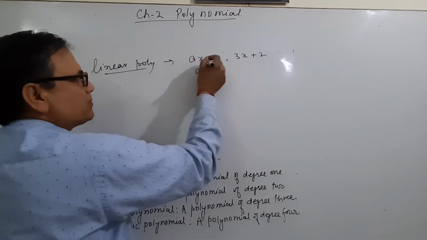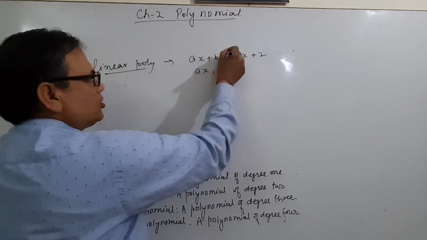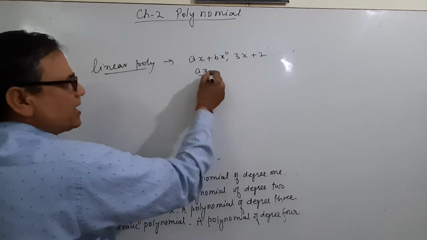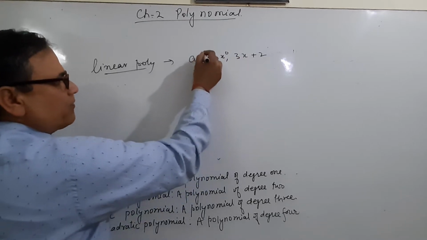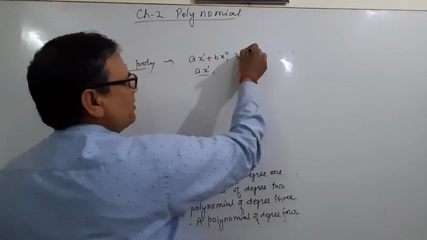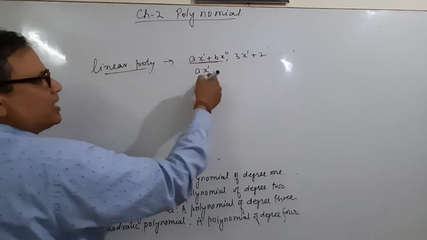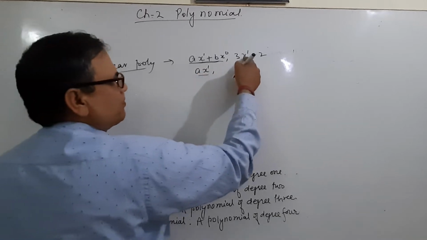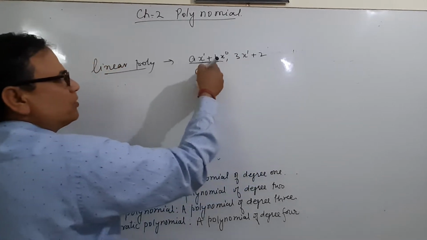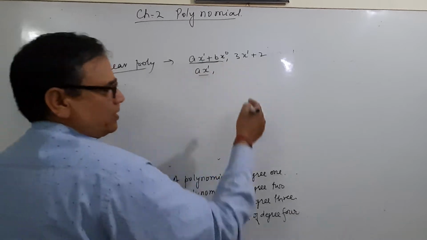Here in ax plus b, this is x to the power 0, and here is ax, which means x to the power 1. The highest power of the variable is 1. Therefore, it is a linear polynomial.